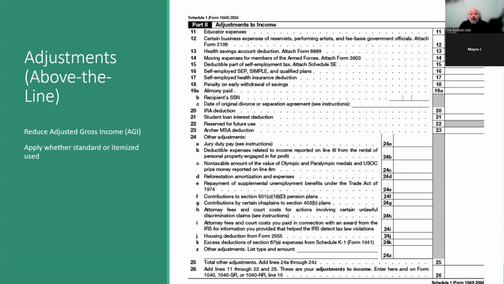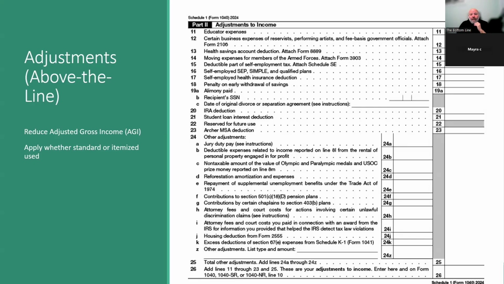So here's Schedule 1, which is where you're going to report your adjustments. We're going to go through a couple of these that are important, that most people have. These are things that you would adjust your income by. So educator expenses, certain self-employed deductions, and retirement contributions are all deductible. Moving expenses are only for members of the armed forces.